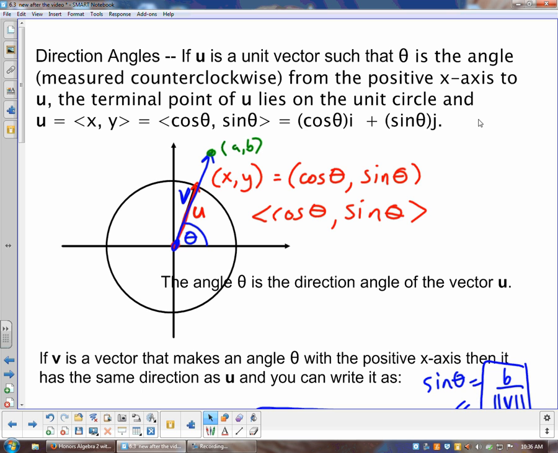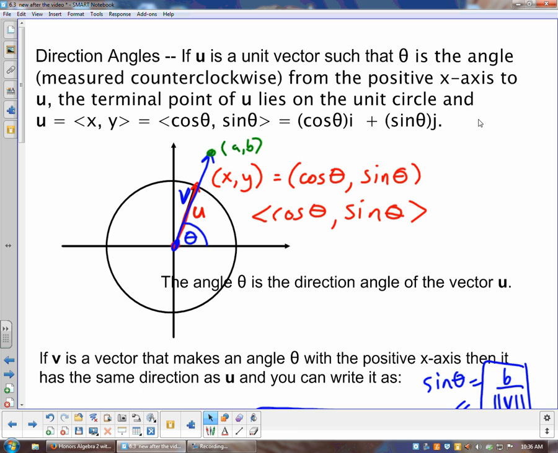But if we were able to find the unit vector that has that same direction, it would be this unit vector u right here, where the terminal point lies right on the unit circle. Let's call this point on the unit circle x, y. And by the way, the angle here is theta. That goes from the positive x-axis up to our vector v or our vector u.